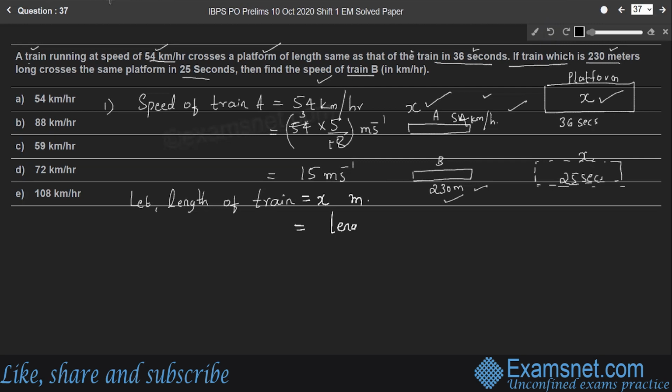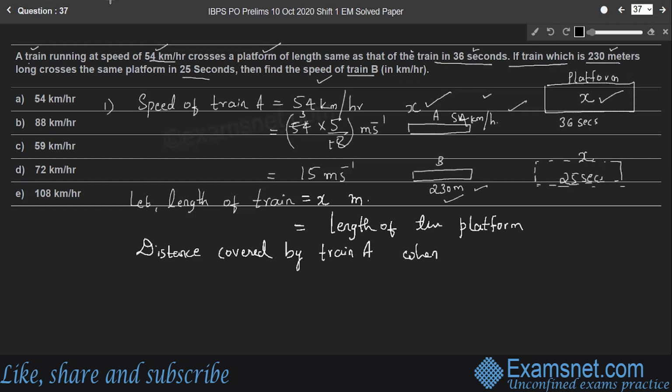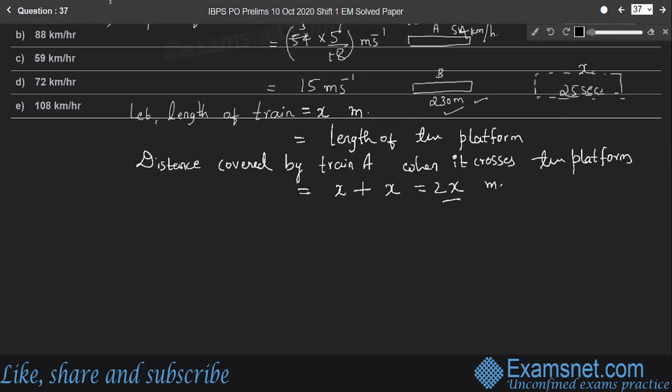Therefore, the distance covered by train A when it crosses the platform is its own length plus the length of the platform, which is 2x meters.